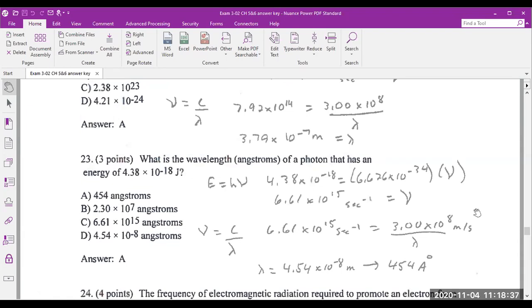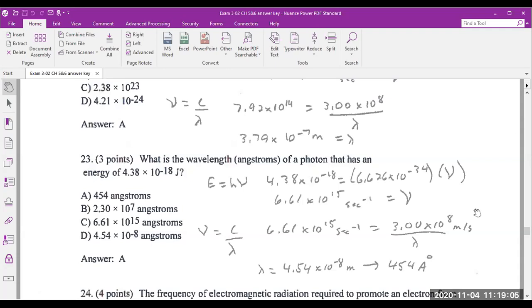Number 23, what's the wavelength, this time in angstroms, of a photon that has an energy of 4.38 times 10 to the minus 18 joules? So similar to the previous problem, we're going to use that energy relationship where energy equals h times frequency. And we're going to solve that for the frequency value, and that's 6.61 times 10 to the 15th.